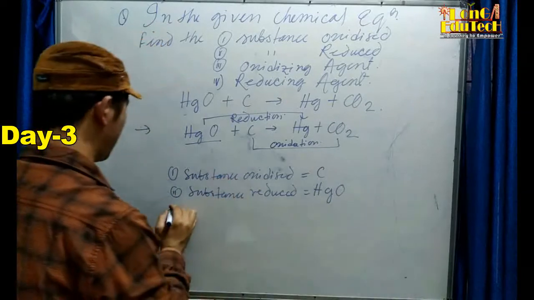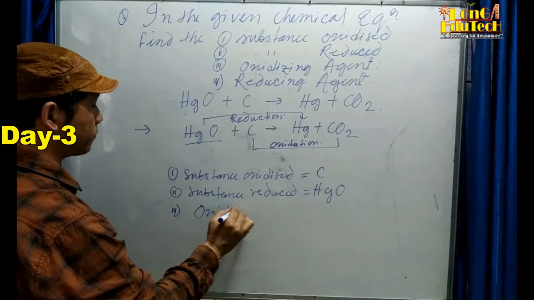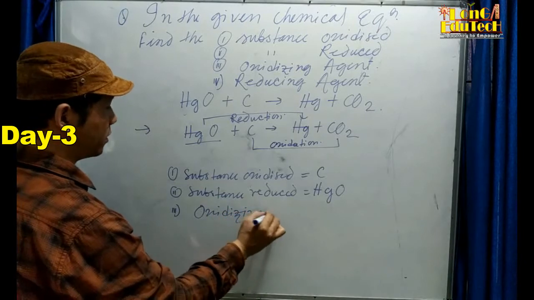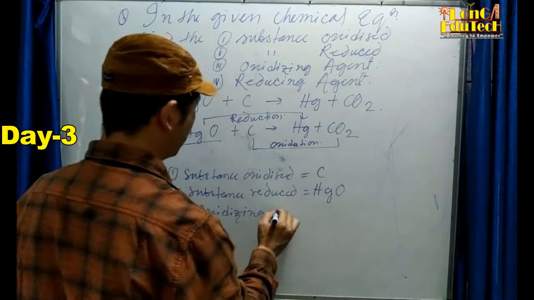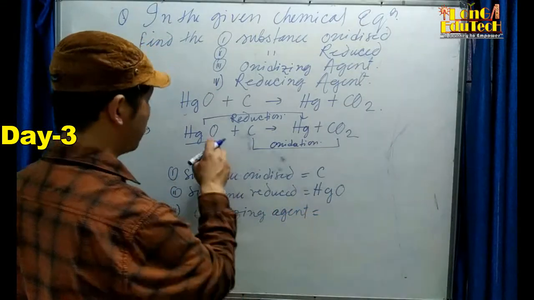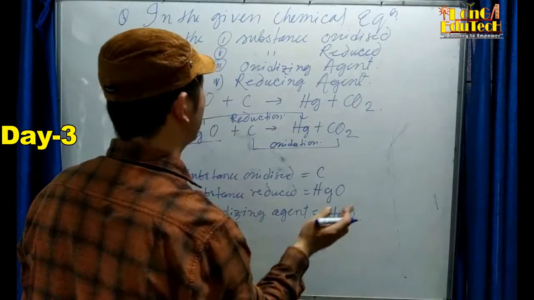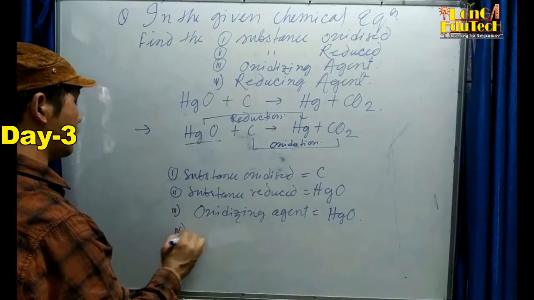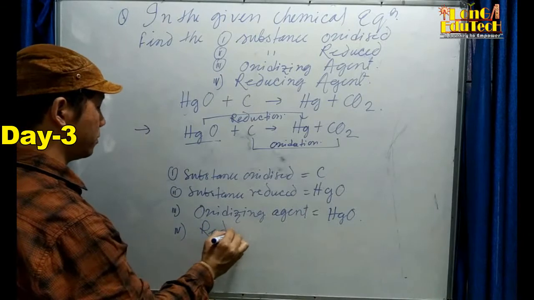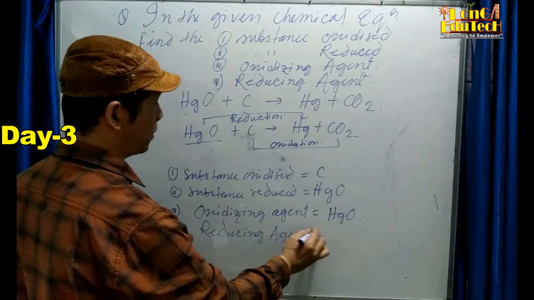Okay, and number 3, oxidizing agent. Who gets oxygen? Carbon, right? Who gives oxygen? Mercury oxide. So HgO will be the oxidizing agent, right? And number 4 is the reducing agent.